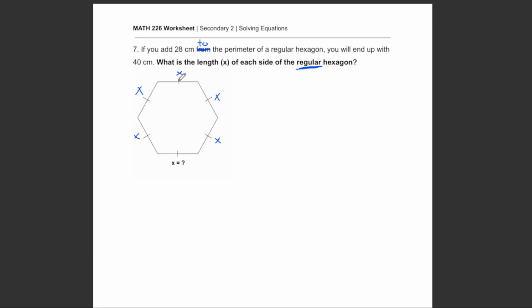So I could do x plus x plus x plus x plus x plus x, or I could just do the number of sides times x. Okay? So I do the number of sides times x. I add 28 to it. 6 times x plus 28. What does that give me? It gives me 40 centimeters. And then you just have to solve this. That's all this question's asking you to do. Okay? Just find out what x is.